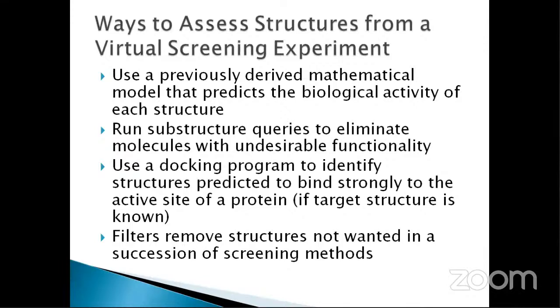The other option is, for example with diabetes, you already have medicines available. So based on the already available medicines, you screen against the particular databases and select the particular compound. That is what is called pharmacophore modeling.